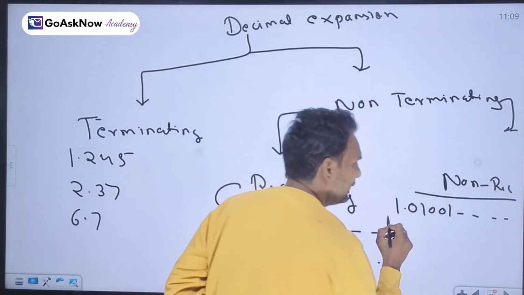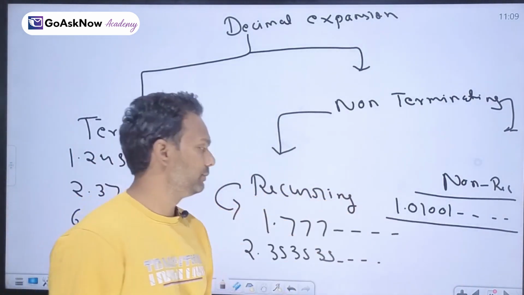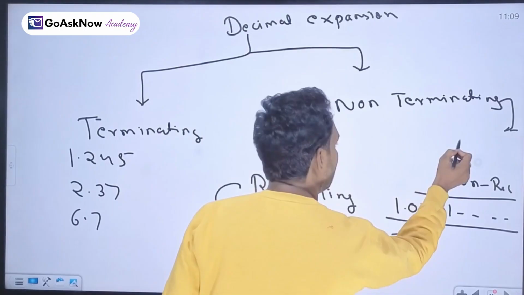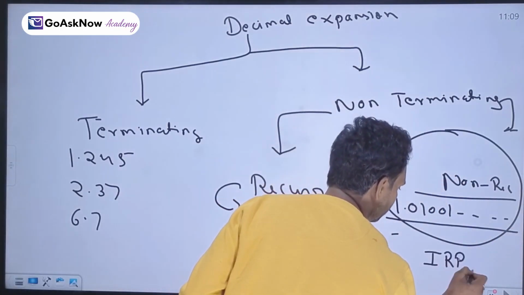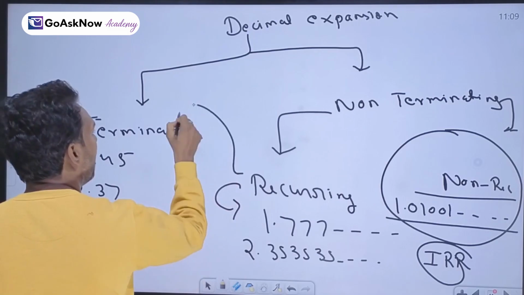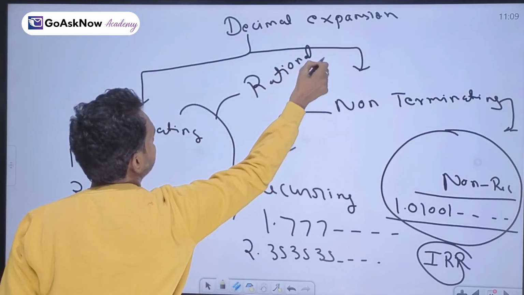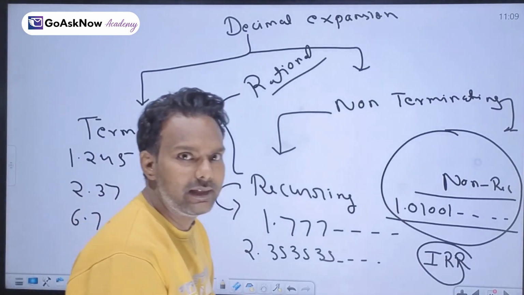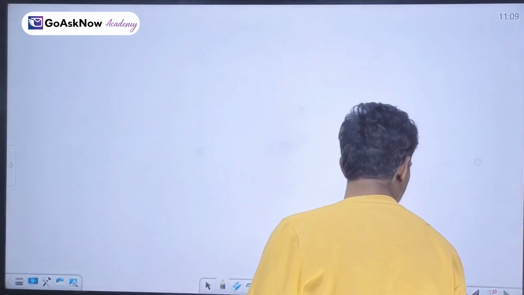Means it doesn't have any number which repeats itself after the decimal. And this comes under irrational numbers. And these both are rational numbers. I hope everything is clear. So let's move further.